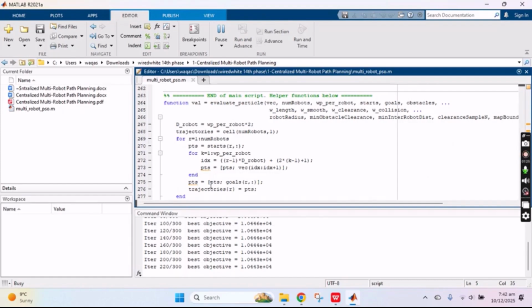See, 220 is completed. 280 completed, and next is 300, and then it will show us the output results.